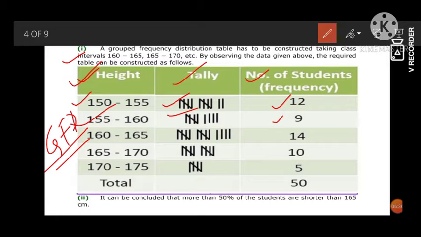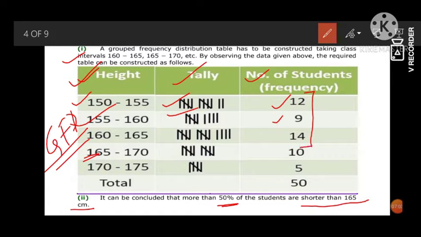And the second question was, what do we interpret? So it can be concluded that 50% of the students are shorter than 165 centimeter. As you can see, 165 centimeter means this mark. So we are counting up to 165 from this row.